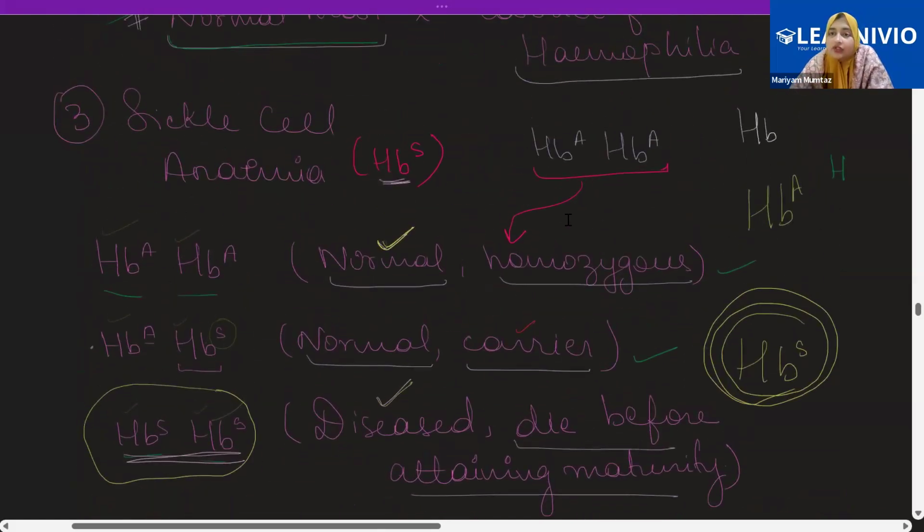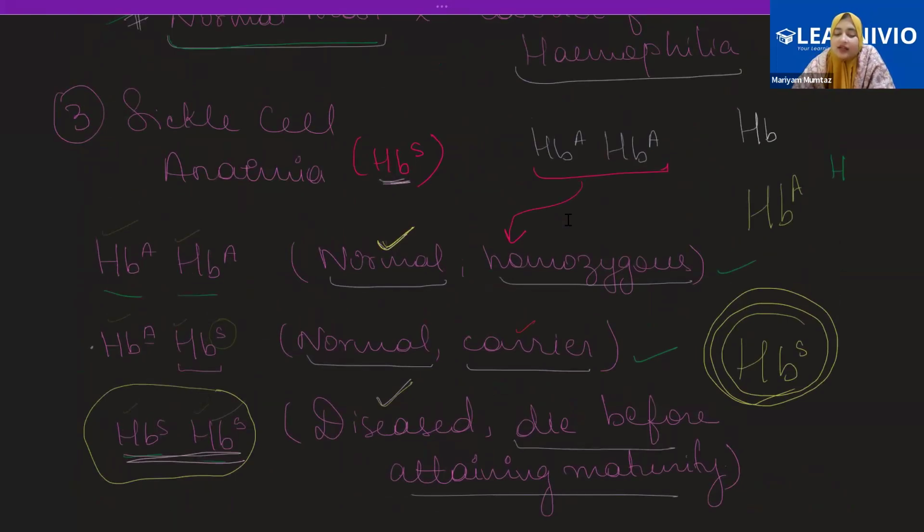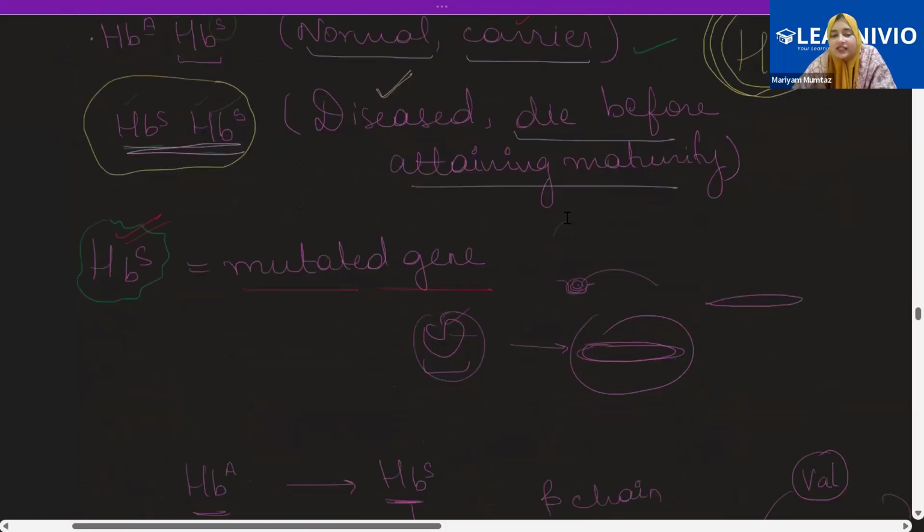In this disease, their RBCs, instead of being biconcave in shape, become sickle shaped, which reduces the oxygen carrying capacity of the person. That is the case of sickle cell anemia.